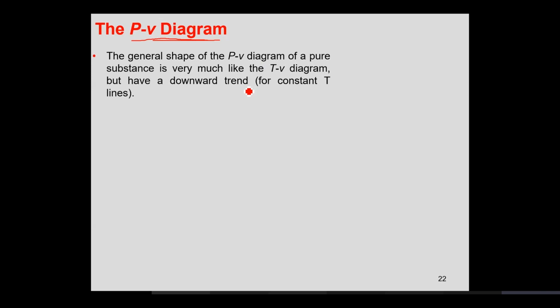It says that the general shape of the PV diagram of a pure substance is very much like the TV diagram, but it has a downward trend for constant temperature lines. In T specific volume diagrams, you had constant pressure lines. In pressure specific volume diagrams, you would essentially be having constant temperature lines.